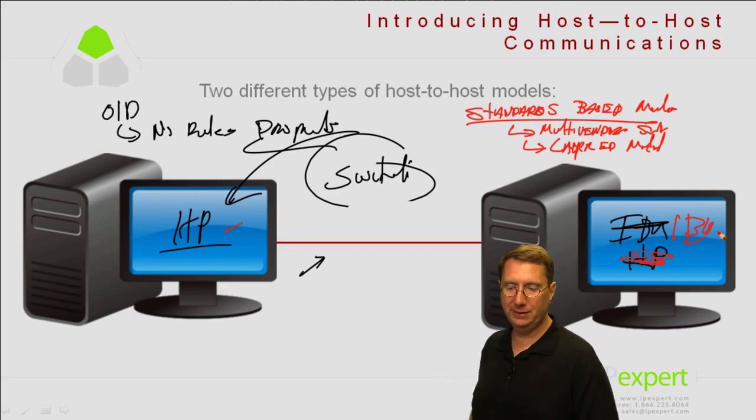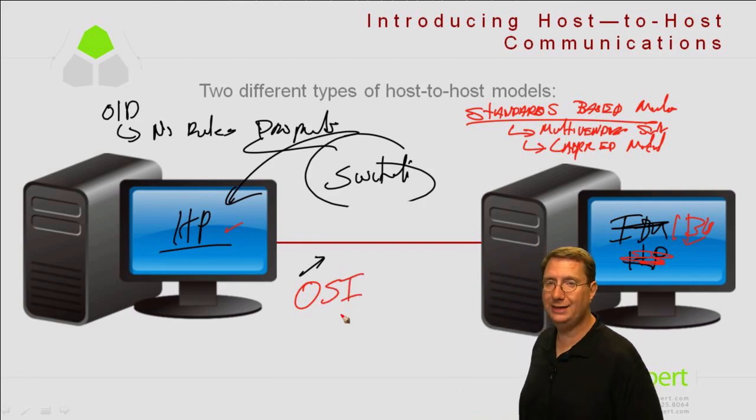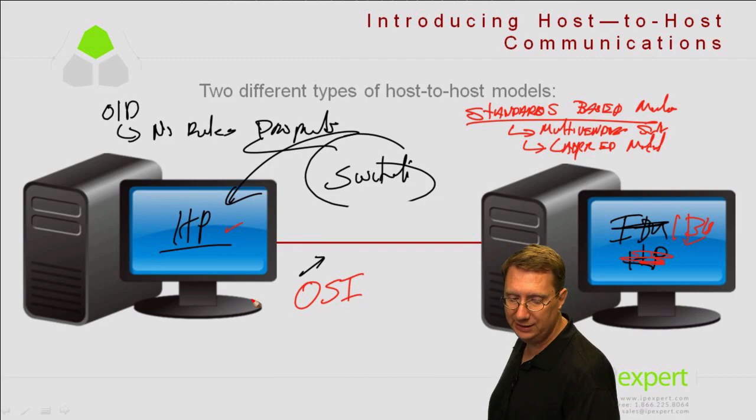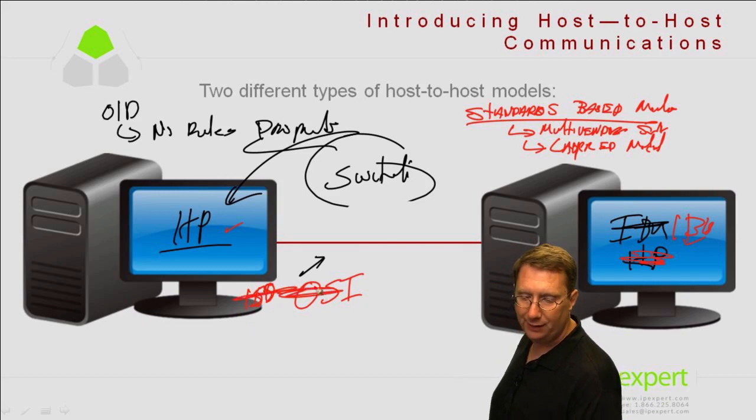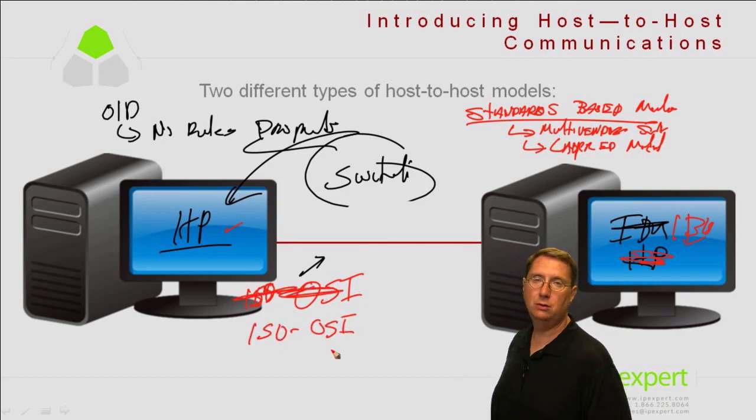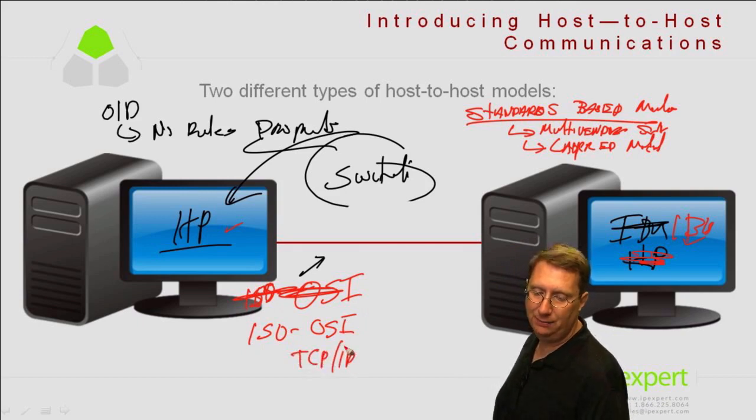And the way that that was implemented was going to be with two models. The two models that we're going to discuss here shortly. The OSI model, the International Standards Organization, that's the ISO, excuse me, International Standards Organization Open System Interconnection Model, and the TCP/IP model.